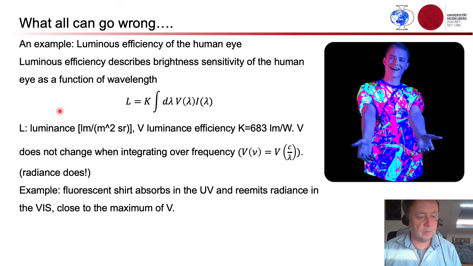The so-called luminance L is given by that spectral integral, where we integrate the solar spectrum, here the radiance I of lambda, and we weight it by the luminance efficiency. Here we have an integral over wavelength and the constant k to convert units.